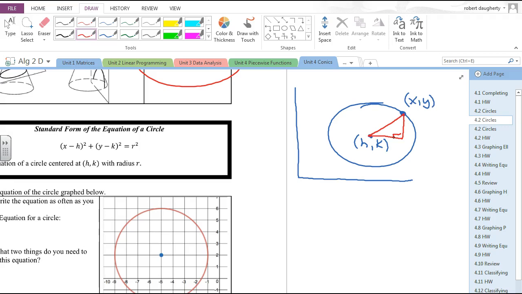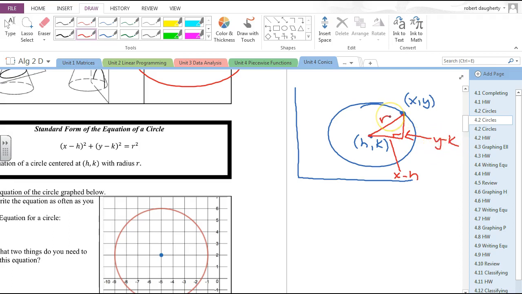What's the distance between here and here? It's something minus something. What is it? X minus H. Okay, so this side is X minus H. What is this side right here? No, it's Y minus K.